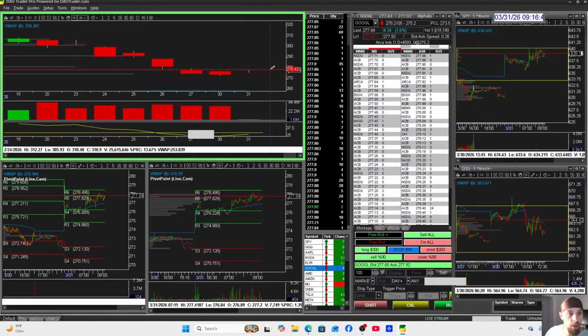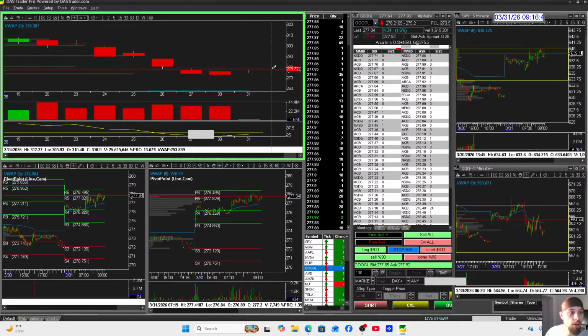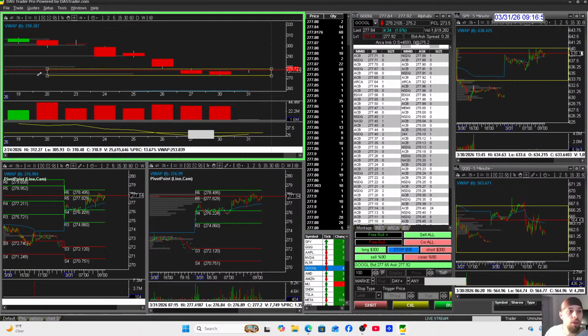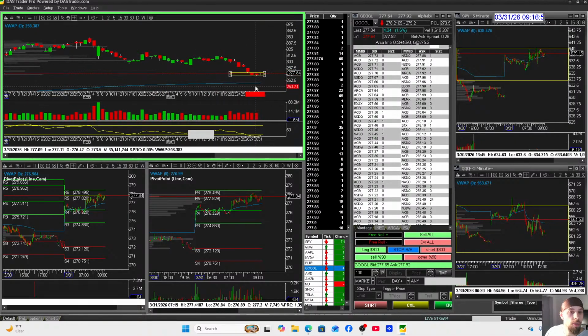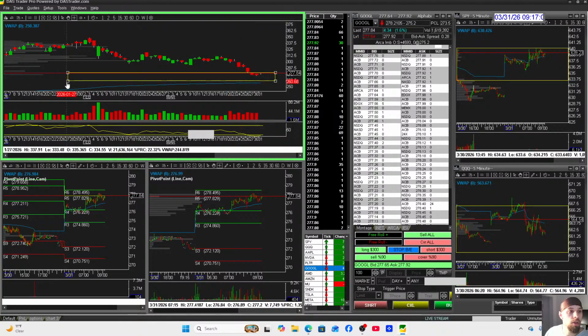Alright, level I'm marking here for resistance, 278. Area of support 273. Let's stretch this out. Ooh, didn't want to do that. There we go.